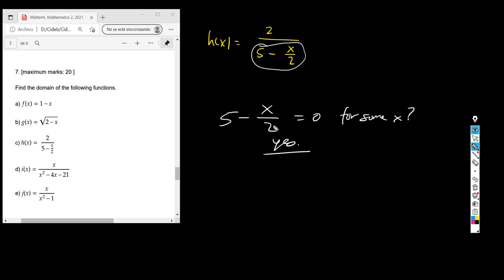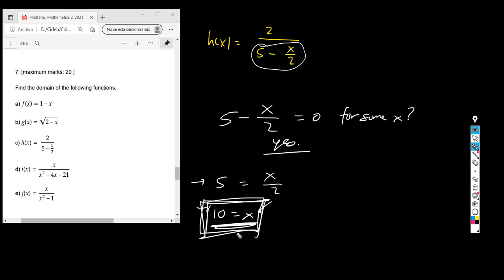Why? Because if we try to solve this equation, we're gonna get 5 equals x over 2, and then 10 equals x. So for this value of x being 10, the denominator will be 0, and that's going to cause a problem. This value will cause a problem in this function.